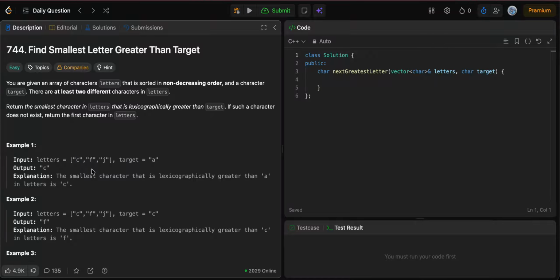Now, as a very simple brute force approach, we just write int n is equal to letters.size(), and then start the loop: int i is equal to 0, i less than n, and i plus plus, right?